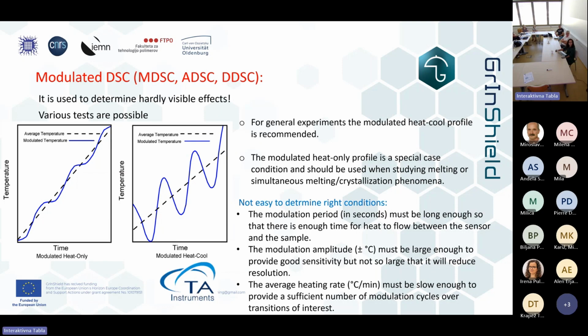The problem is to determine the right conditions for the modulation period and modulation amplitude. But with some experience, if you do it several times, you usually get quite good results easily. Otherwise, you have to select slightly different conditions.